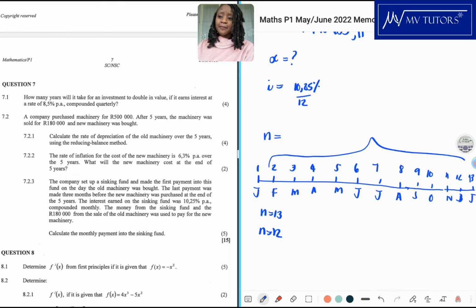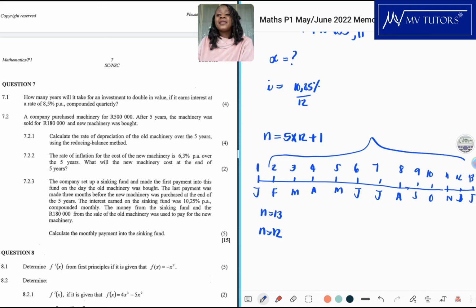So in this case, the company set up a sinking fund and made the first payment into this fund on the day the old machinery was bought. So they started on that day. So if it is over 5 years, I'm going to have to take the 5 years times the 12 months and add the 1 because they did it on that day. And the last payment was made 3 months before the new machinery was bought at the end of 5 years.